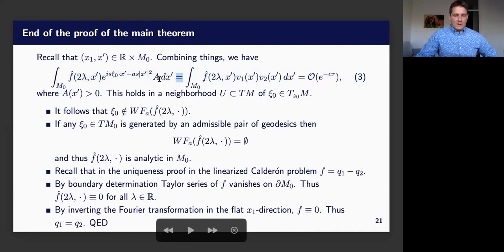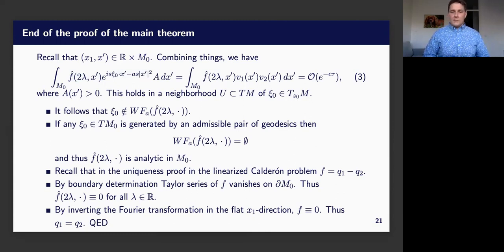I have maybe cheated a little bit here. I put A to contain all the amplitude functions and also the higher order components of the phase function. It's not very important what this capital A is. It just needs to be positive. Recall that V1 and V2 corresponded to intersecting geodesics gamma and eta.